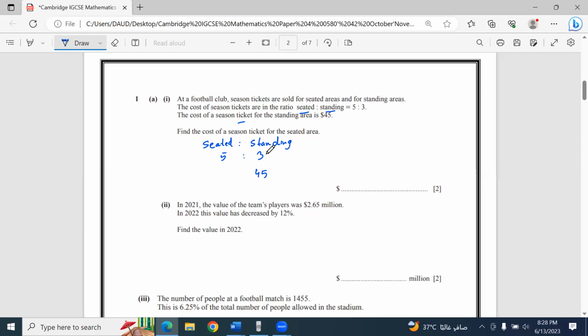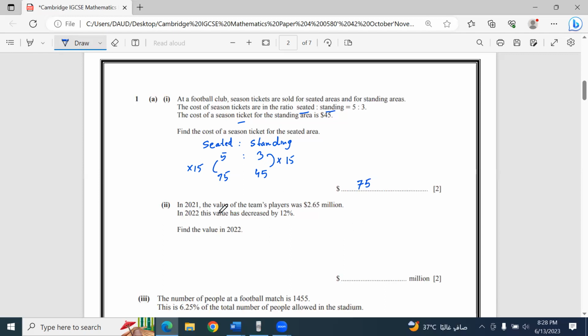So they want the cost of a season ticket for the seated area. This will help you: what we multiply 3 by to get 45 is 15. The same number you can multiply on this side to get the answer. 15 multiplied by 5 is 75. So the cost of seated tickets is $75.